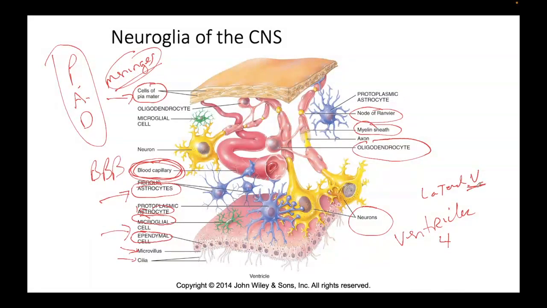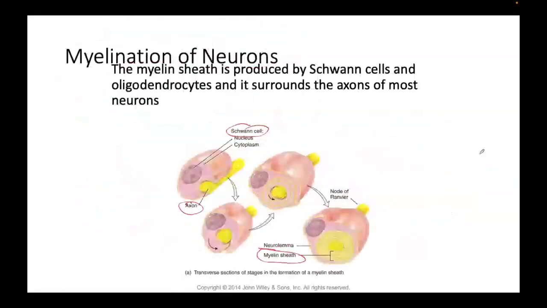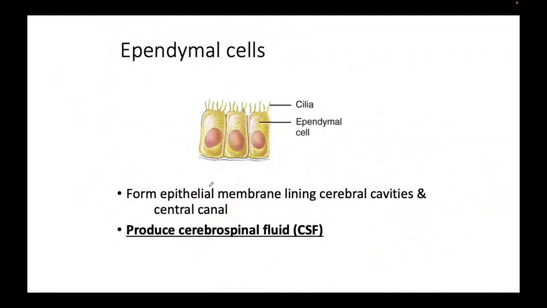We'll put a V for ventricle, lateral ventricles. That's one and two. And then we have ventricles three and four that we'll talk about. So ependymal cells line these ventricles, which are these chambers.